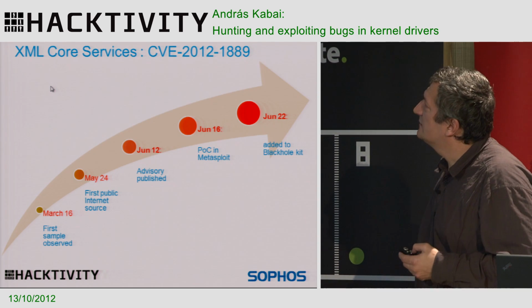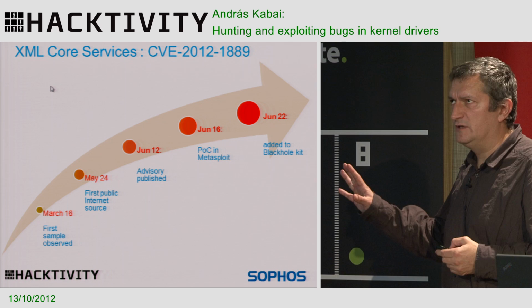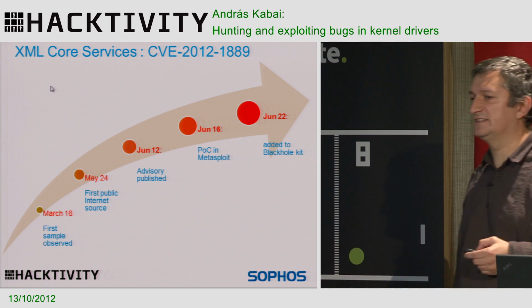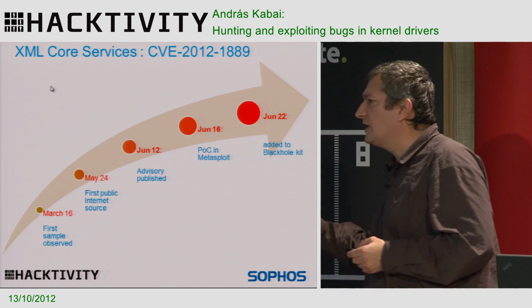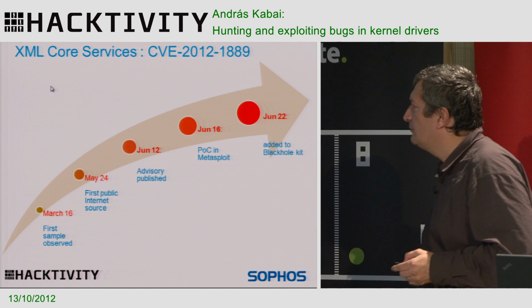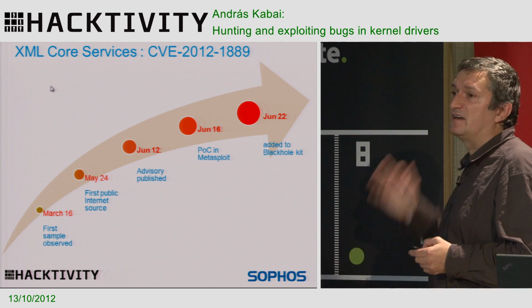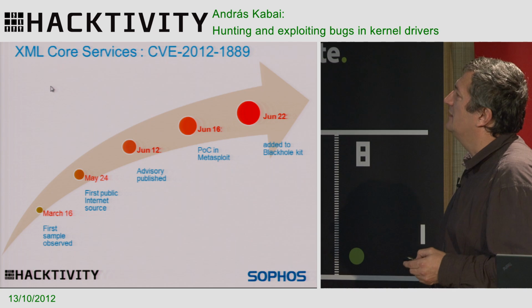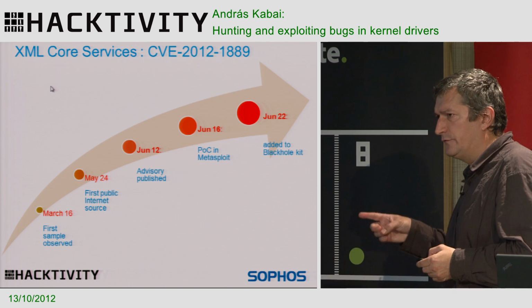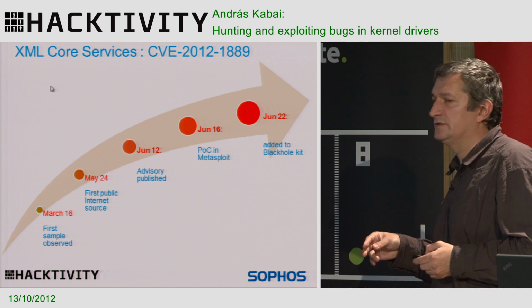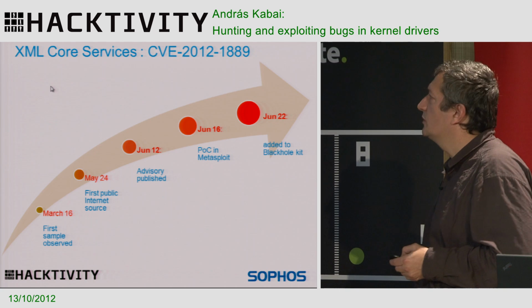The next one, the last one I believe, is the XML Core Services vulnerability. This is a brand new one. The first sample we observed was somewhere around March, most likely in targeted attacks. In May, we saw the first public reference to this code on Chinese blogs.